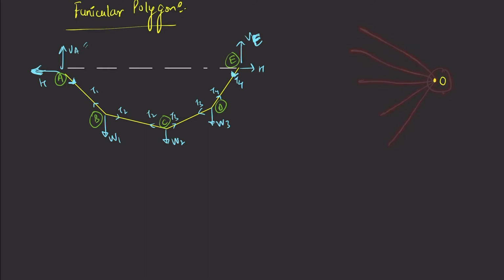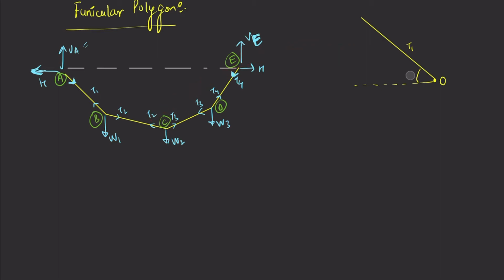What does it mean? Here you can see T1 is moving like this, making an angle theta from the horizontal. So we'll draw T1 like this, making the angle theta 1 from the horizontal. Again we see T2, which has a slope of theta 2, and theta 2 has a slope lesser than theta 1, right? So we directly draw T2 here.